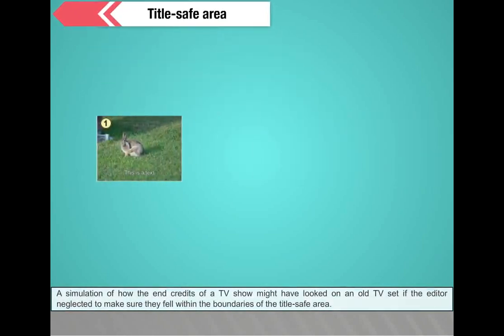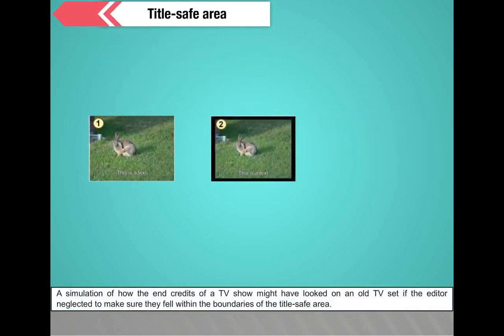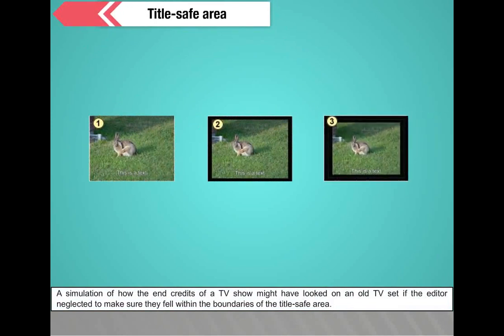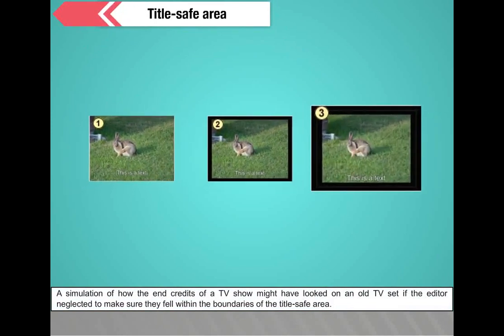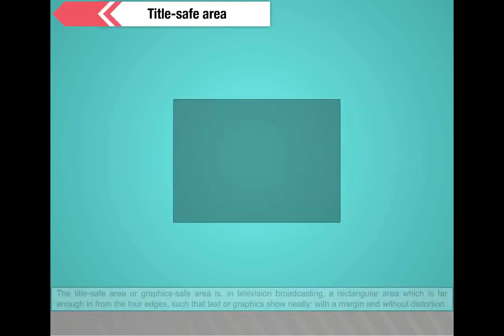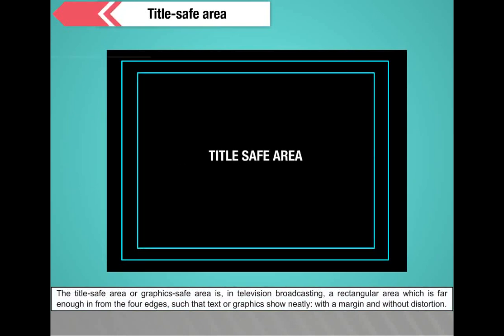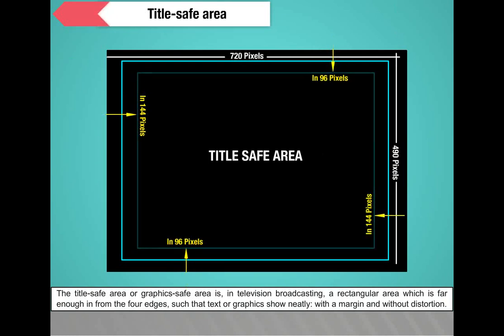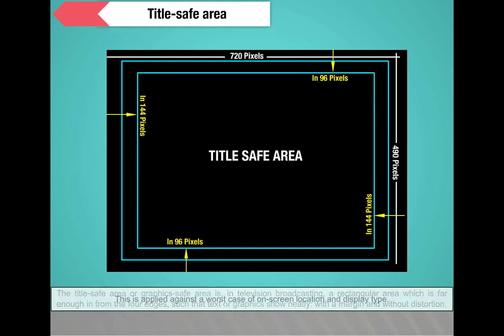Title safe area. A simulation of how the end credits of a TV show might have looked on an old TV set if the editor neglected to make sure they fell within the boundaries of the title safe area. The title safe area or graphics safe area is, in television broadcasting, a rectangular area which is far enough in from the four edges such that text or graphics show neatly with a margin and without distortion.